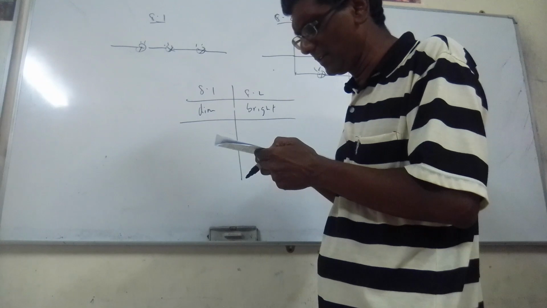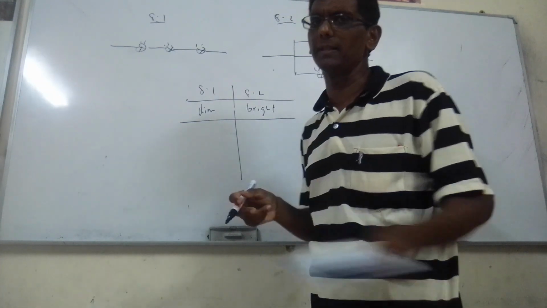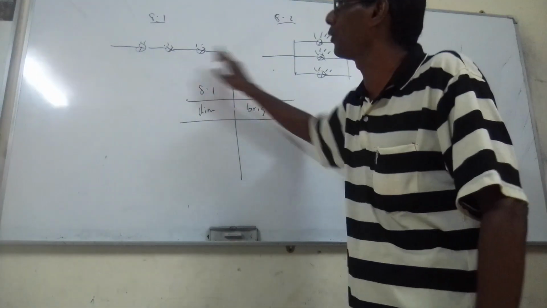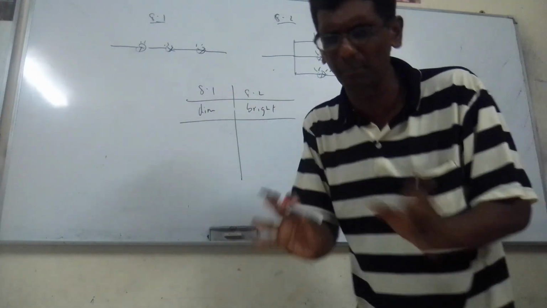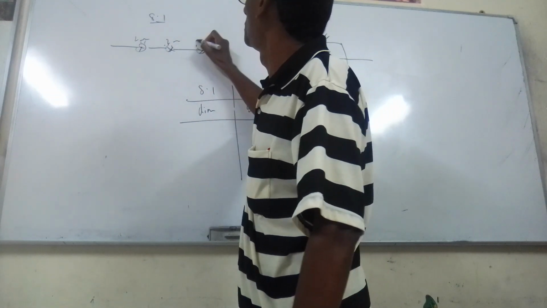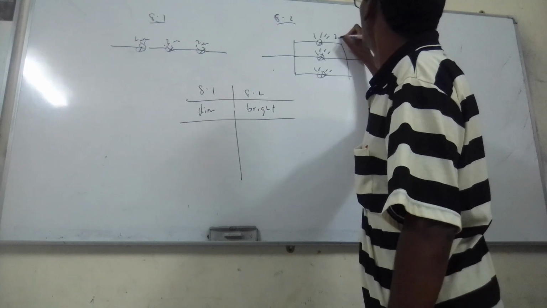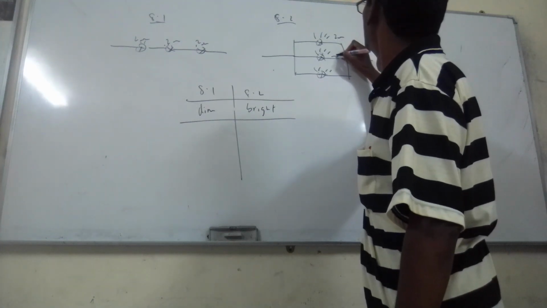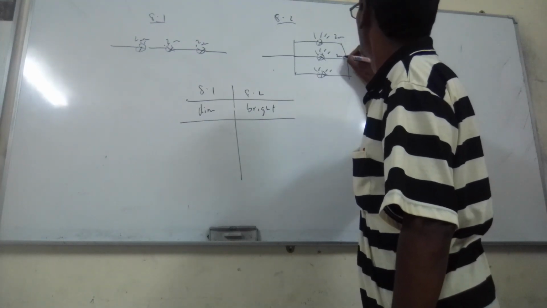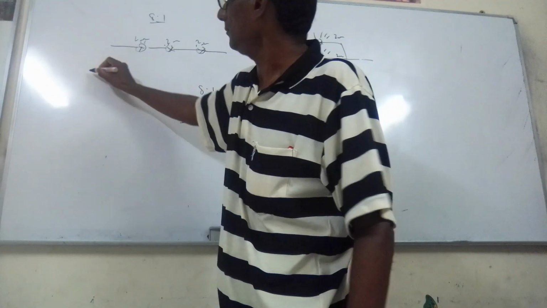Compare the effective resistance of the bulbs in 8.1 and 8.2. For example, I give 2 ohm resistance to each bulb.